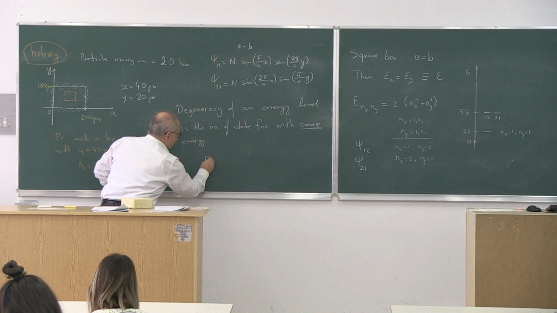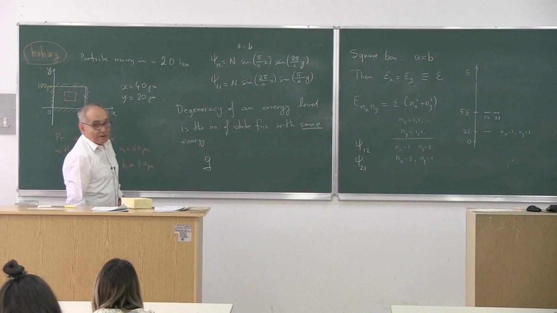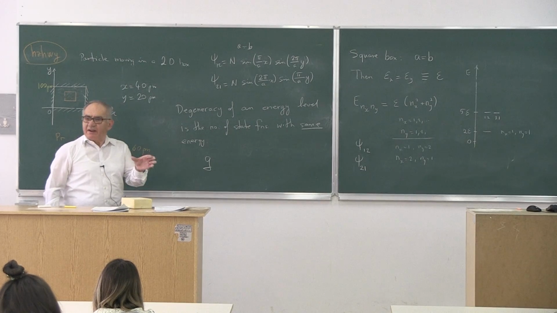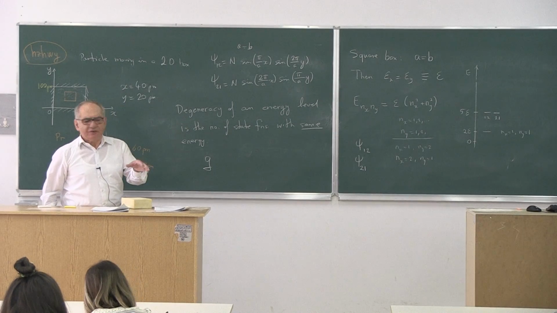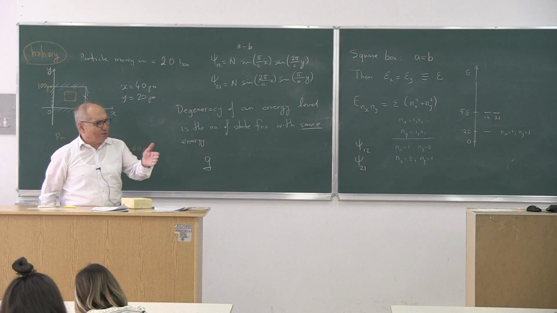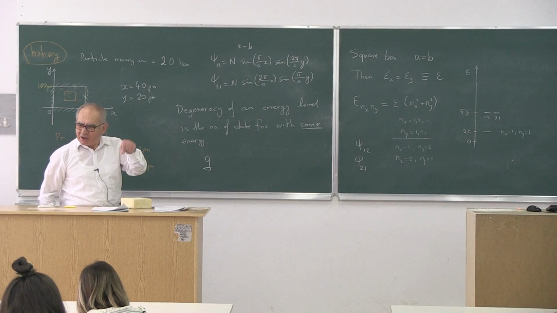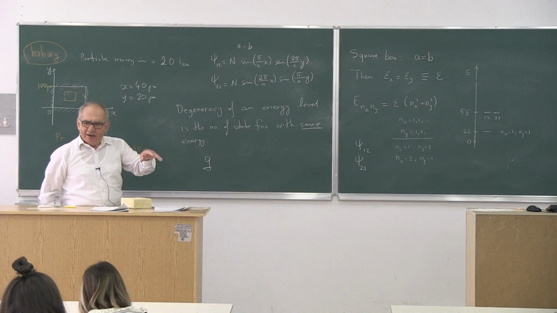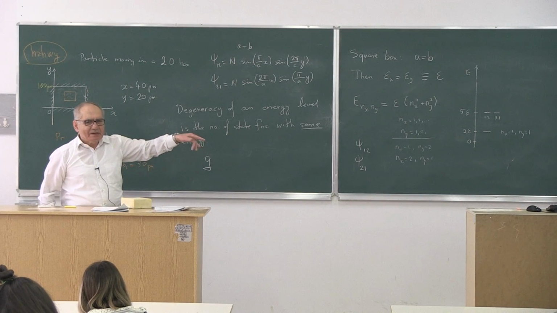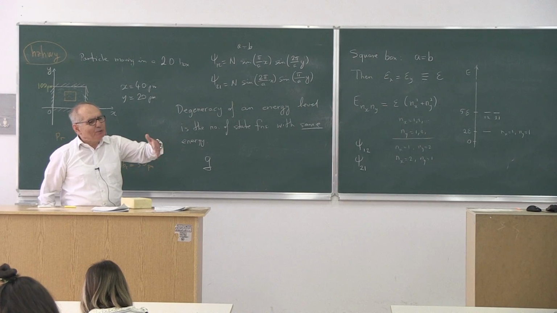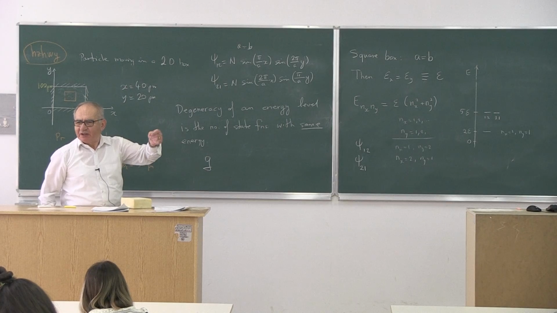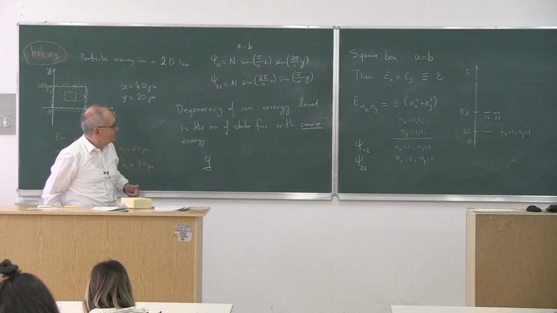The standard symbol is g. It's a standard symbol, which means in many textbooks about quantum chemistry, the symbol small g indicates degeneracy of the energy level.